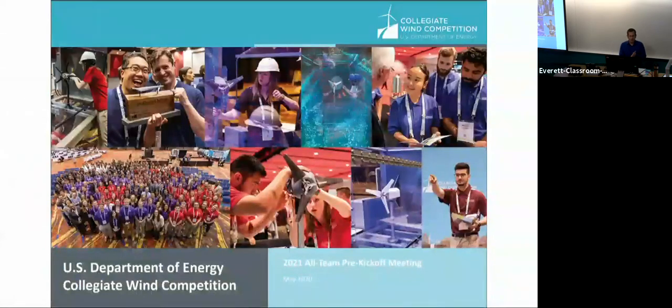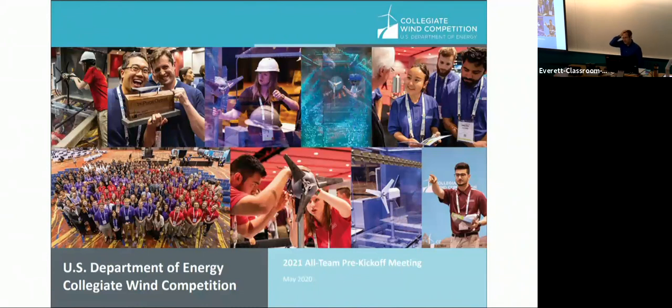All right. So on the Everett campus, we've been involved for the last 3 years in something called the collegiate wind competition, and we're involved in it this year. The collegiate wind competition is sponsored by the United States Department of Energy and also NREL, the National Renewable Energy Laboratory.